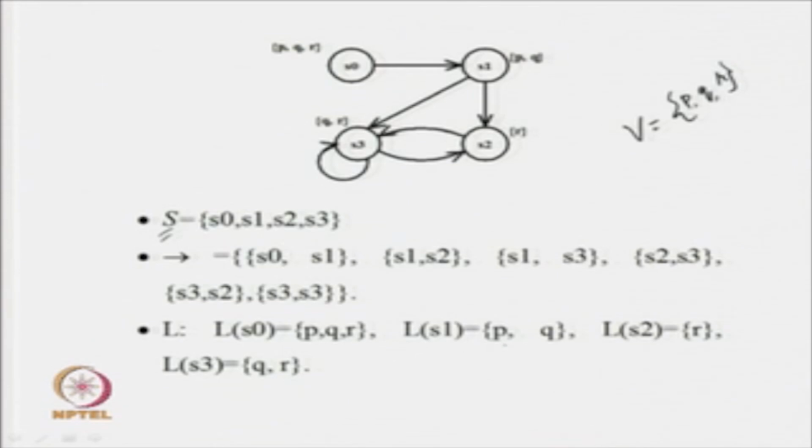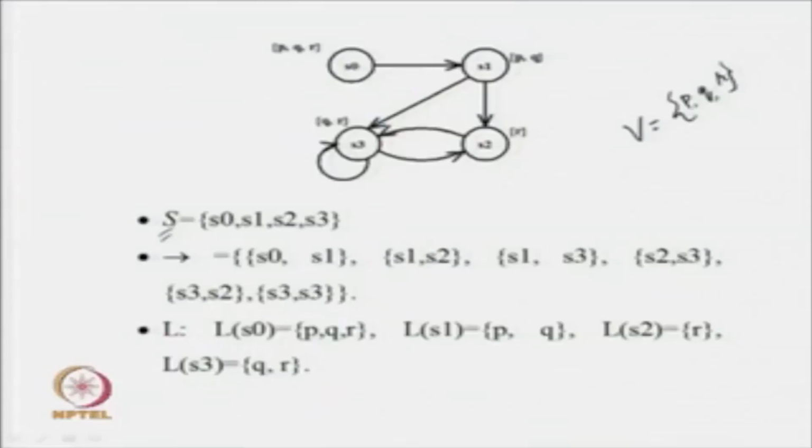So, label of S1 is P and Q. Label of S2 is only R, because R is true, and label of S3 is Q and R. So, with this explanation, I think the notion of a Kripke structure is clear, because it is having three components: the set of states, transition relation and the labeling function. And what is the labeling function? Already I have explained.